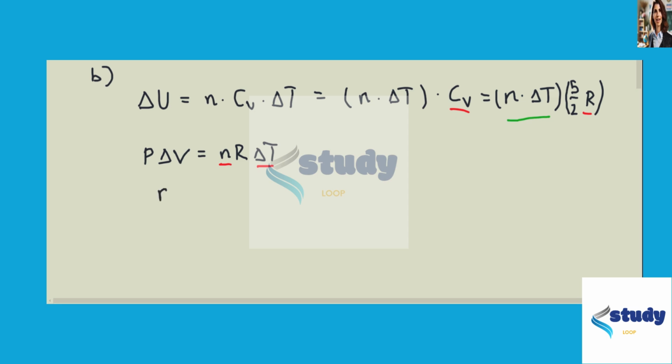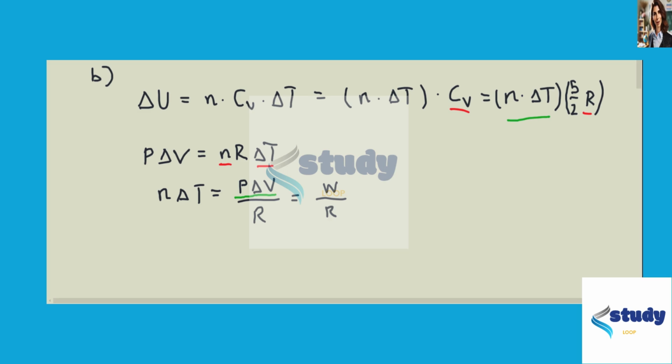So it's going to be that N delta T is actually P delta V over R. And notice one thing, this here corresponds to the work done on the gas, because the change of volume times pressure is the work done. So this is equal to work over gas constant.